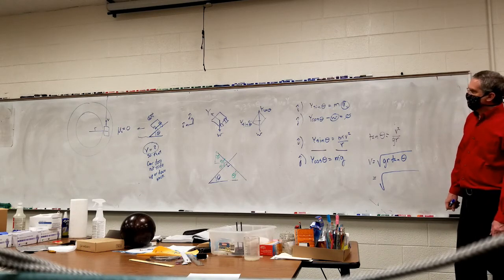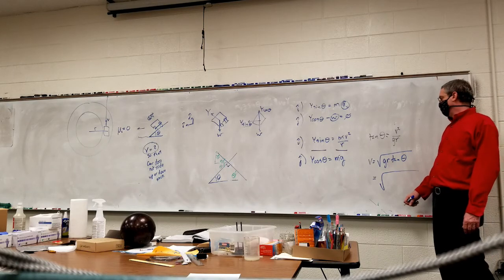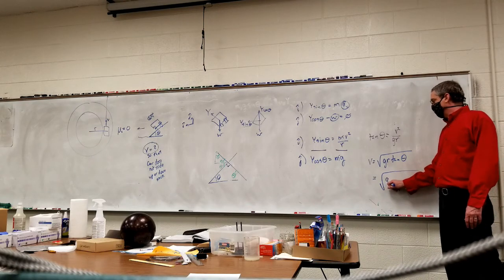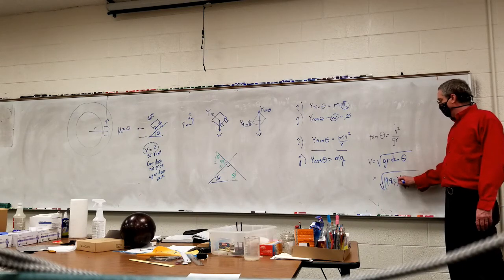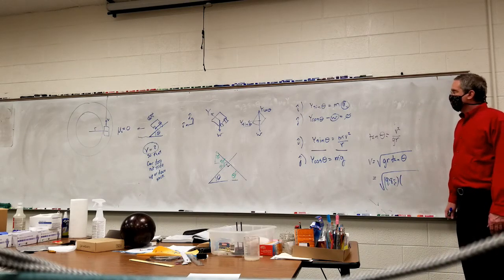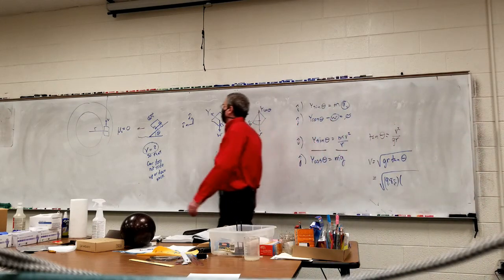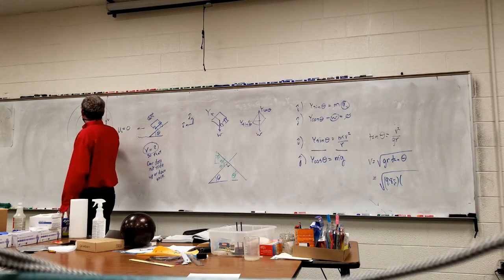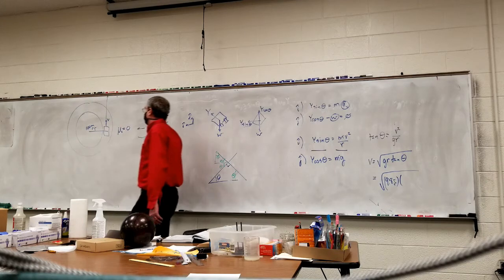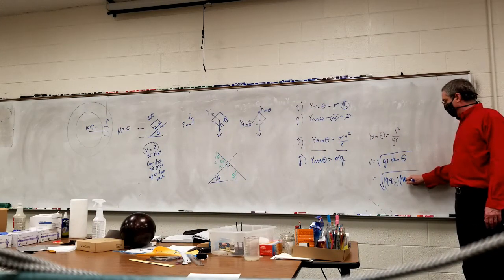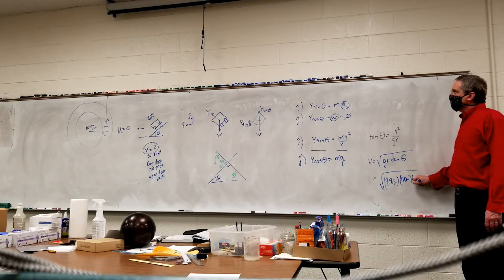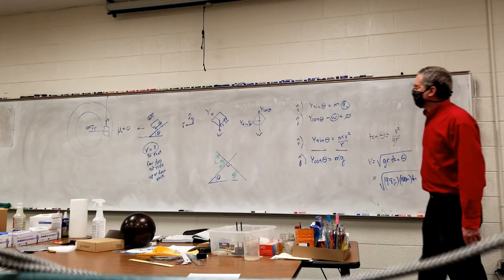So now let's stick it on some planet. Let's just pick a random planet with acceleration of gravity about 9.8 meters per second squared. R, let's go with my classic go-to, 100 meters. And then tangent of, I didn't give an angle.